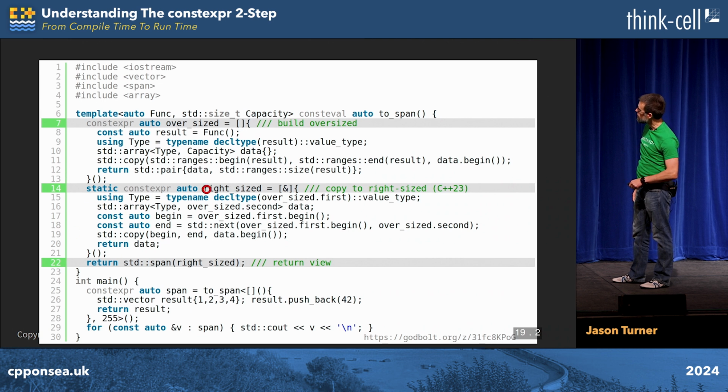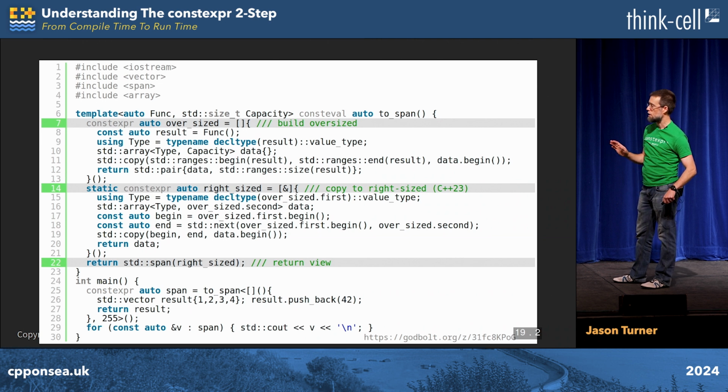Then in this constant expression, an immediately invoked lambda, I can now treat the previous thing as a constant expression itself. I create the new right-sized array, I copy everything into it, and then this one is static. So now line 14, this is the static thing, and then I return a span into the static thing.